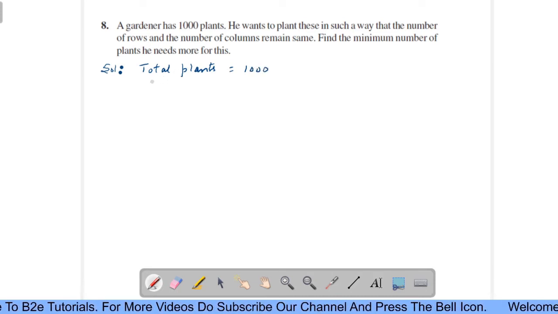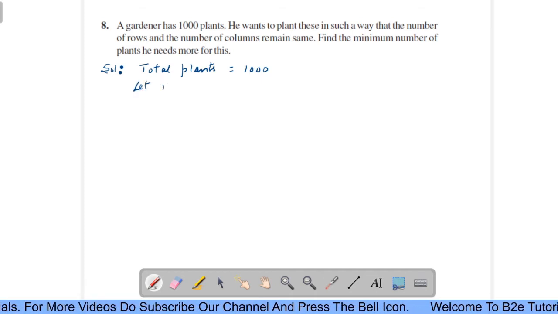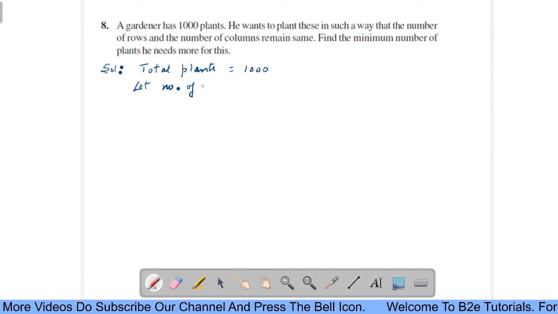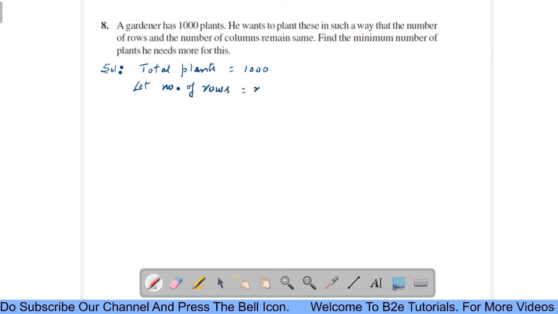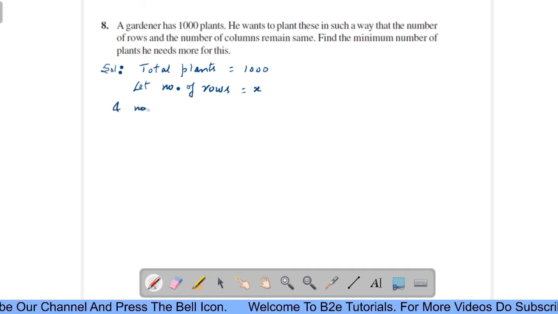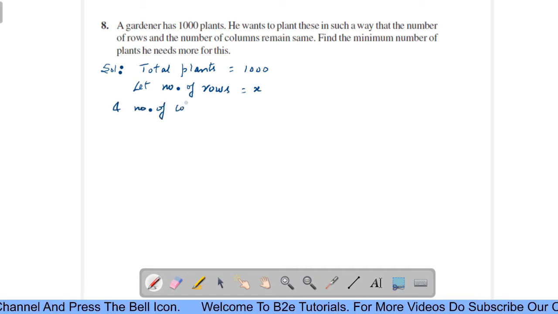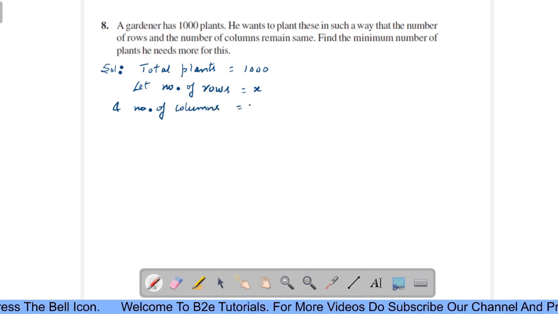Here let number of rows equal x and number of columns equal x.